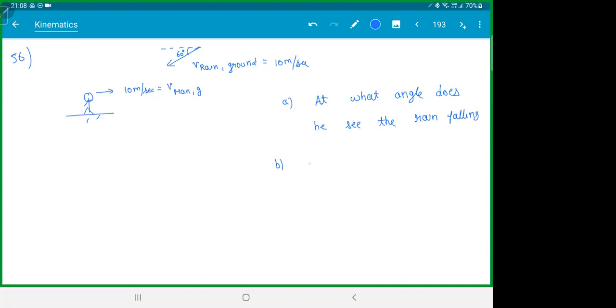The second question, what should be the speed if he sees the rain falling vertically?